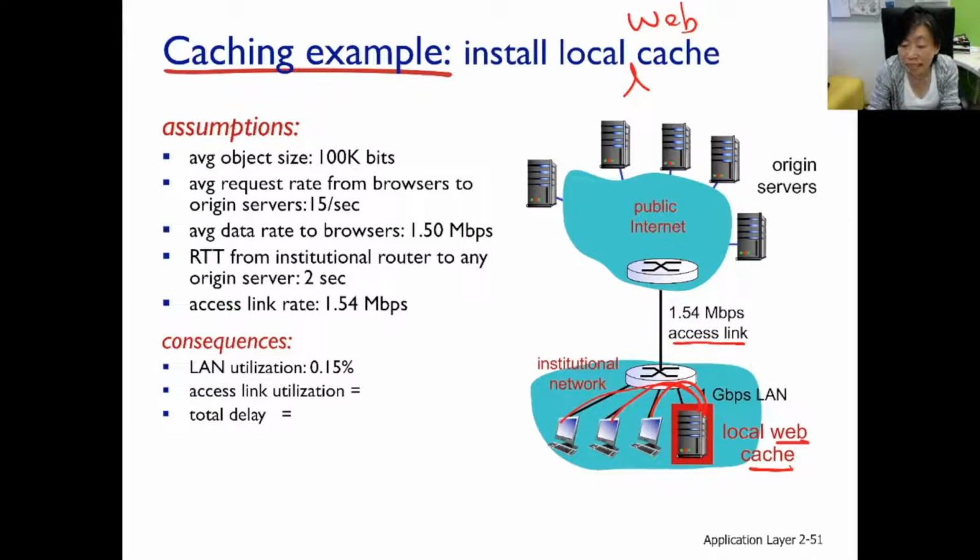So we are only slightly local here, so to speak. Good. So everything else stays the same. All we did is just install the machine. Now, if I ask you, changing this to 154 megabits per second versus adding a server machine, which one is more expensive?